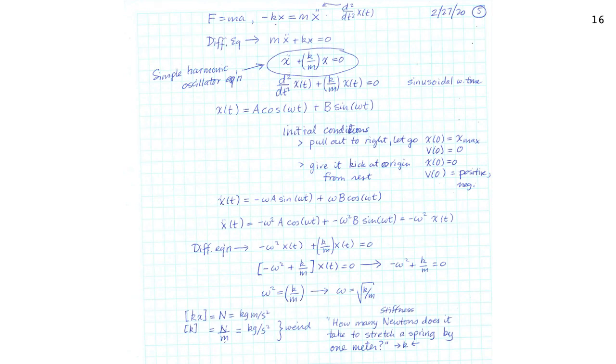So you bring out a minus sign here the first time, and you bring it out over here in the second derivative. And now what you've got is minus omega squared times your original x of t.